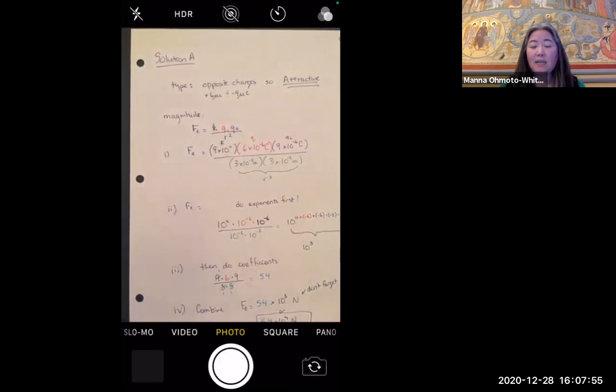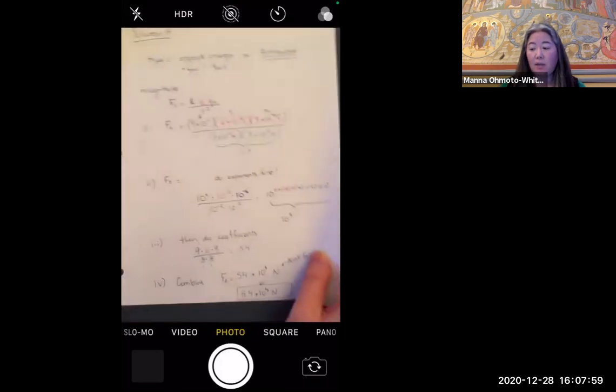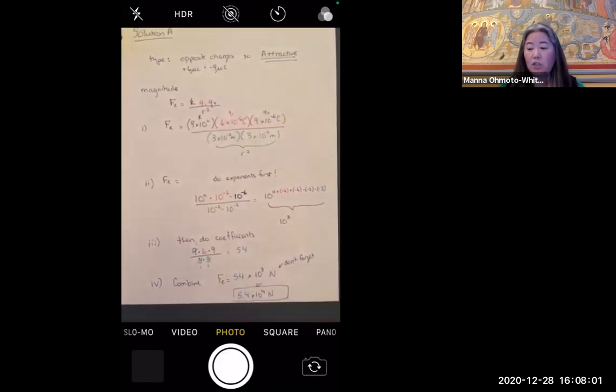Now, the nice thing about scientific notation is that I can take this one step at a time. We're going to do the exponents first, just the 10 to the whatevers. So I take the 10 to the 11th, this 10 to the negative 6th, this 10 to the negative 6th, and these two 10 to the negative seconds. Remembering my exponent rules, whatever is multiplied, you add, and whatever is divided, you subtract the exponents.